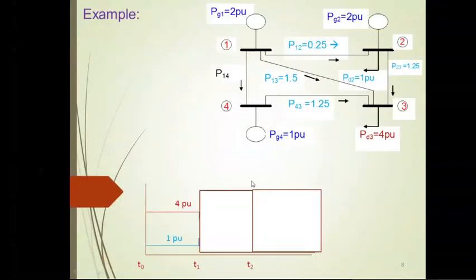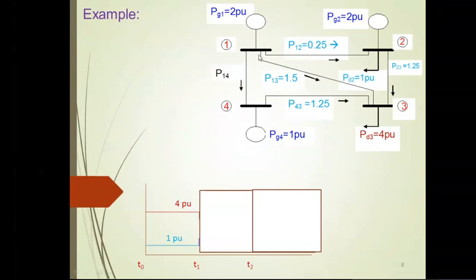This is to be noted here. And I will take an example to show what a small disturbance is and what a large disturbance is. With this example, as shown over here, we have a four bus network, and bus 1, bus 2, and bus 4 are connected to generators, with the generation capacity in per unit as mentioned.